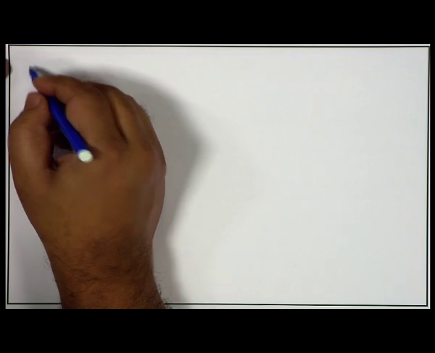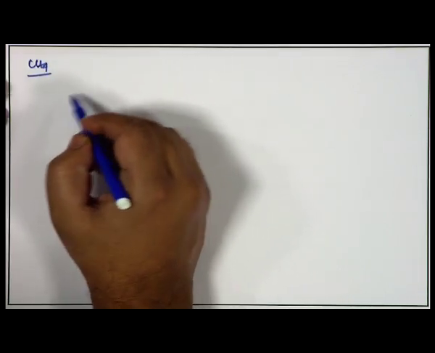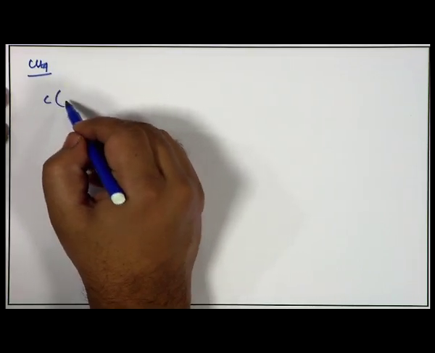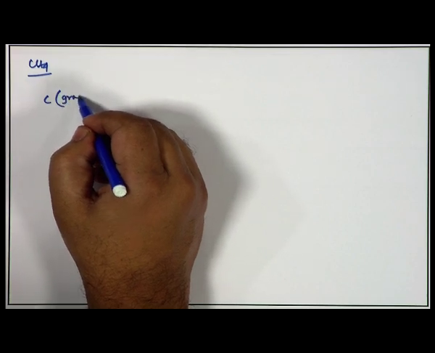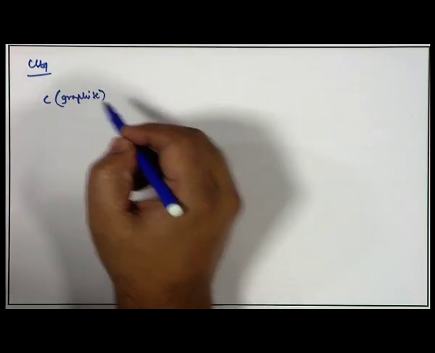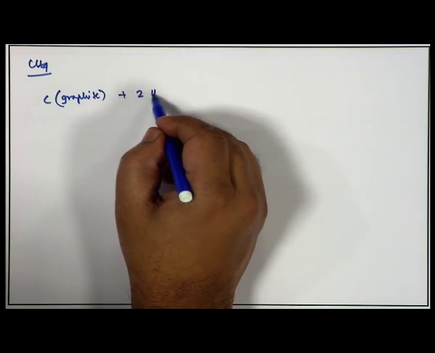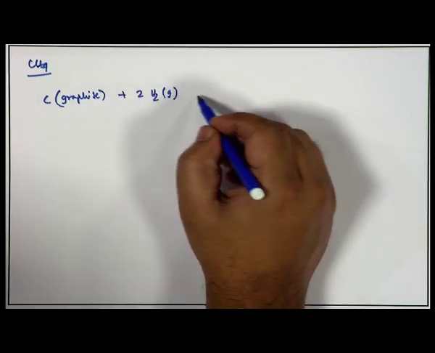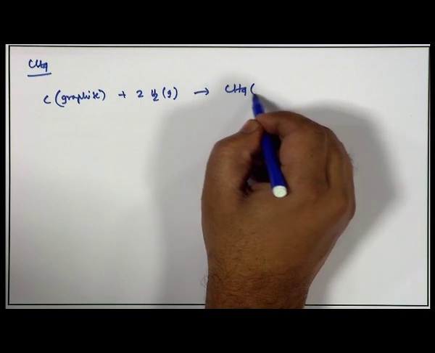We talked about H2O, and we can talk about methane, CH4, quickly. In this case, the elements are carbon and hydrogen. The most stable forms are graphite plus 2 hydrogen gas, giving CH4 gas.